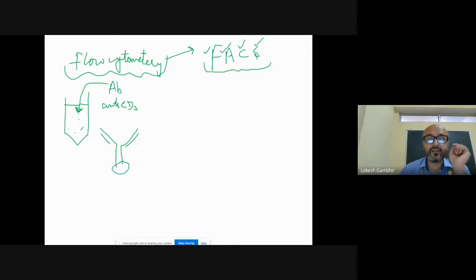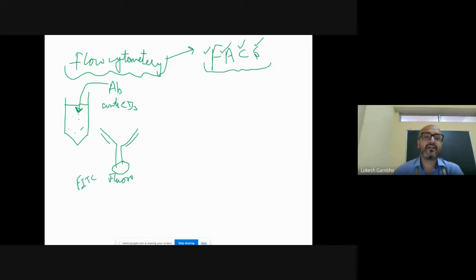What is a fluorochrome? A compound that gives you fluorescence. Suppose I have conjugated it with a green fluorescence-producing molecule called FITC, fluorescein isothiocyanate.